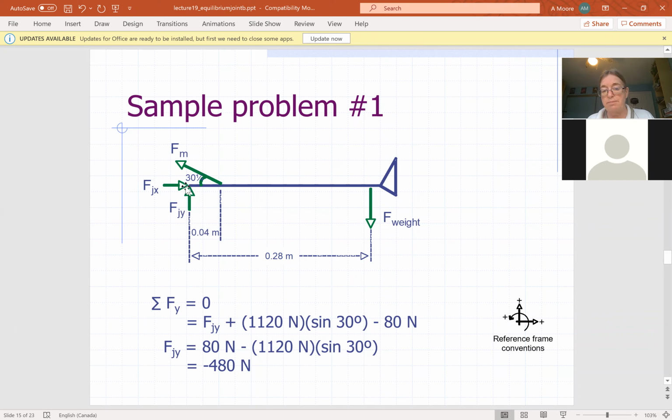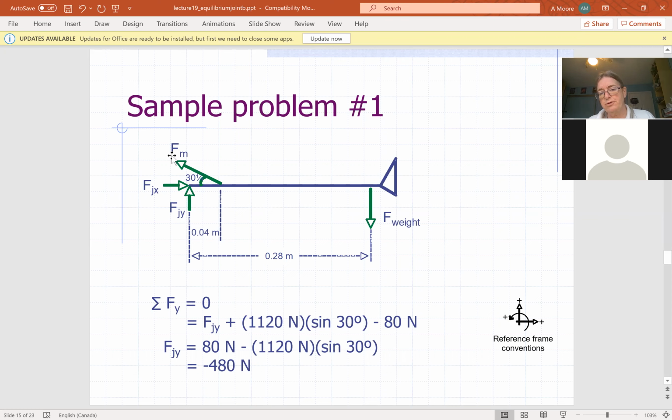I chose to do it because I don't know ahead of time which direction it is. I really don't. So I draw it in a direction, up or down. I just draw it because I know it's there. I just don't necessarily know which direction it's going to be acting. So I drew it pointing up.